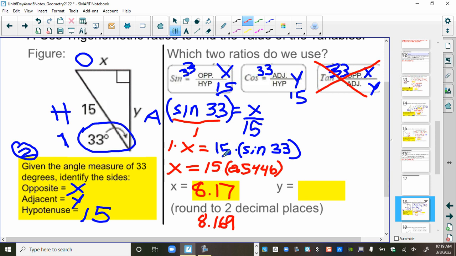But in the end, if you just did 15 times sine of 33, you're going to get that answer. This line is not necessary. So if you went straight from here all the way down to here, you're okay. You don't need this.